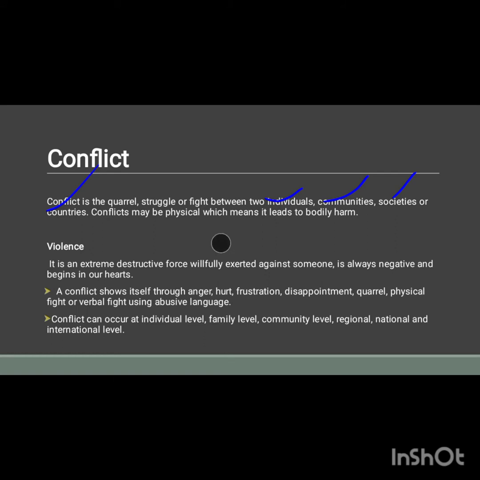So a conflict shows itself through anger, hate, frustration, disappointment, quarrel, physical fight, or verbal fight using abusive language. So there is physical fight here. You just fight. Then we have verbal fight.